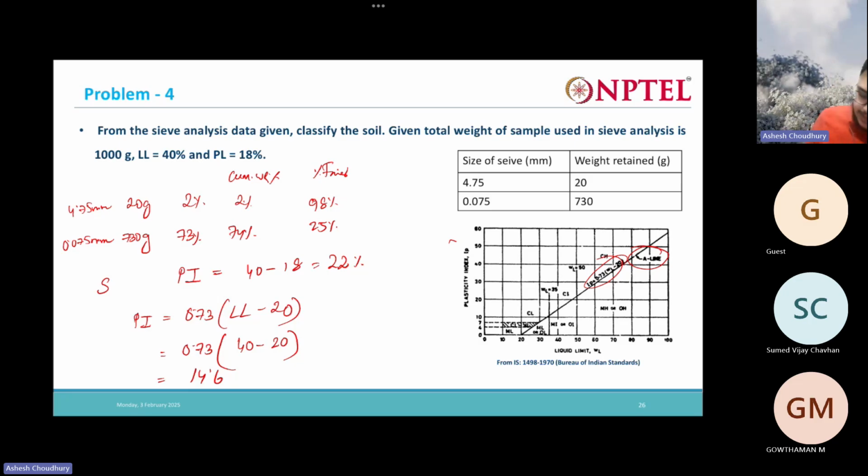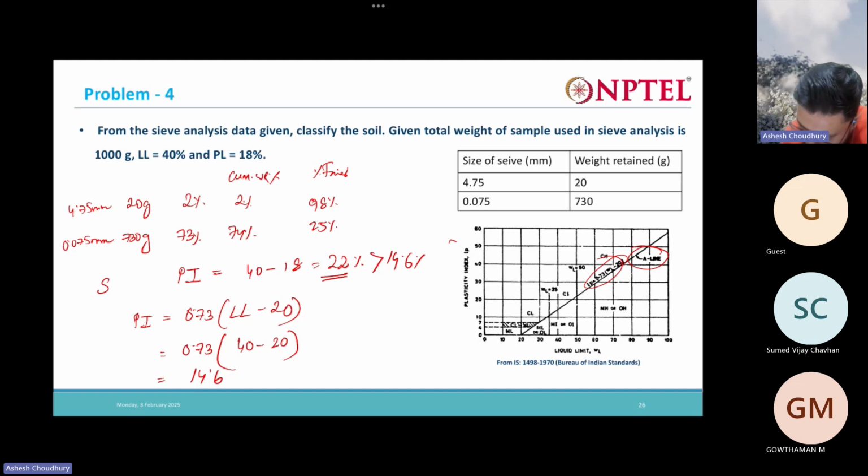See, our plasticity index is 22. 22 is greater than 14.6, isn't it? That means our soil is plotting above the A line. Where is it plotting?